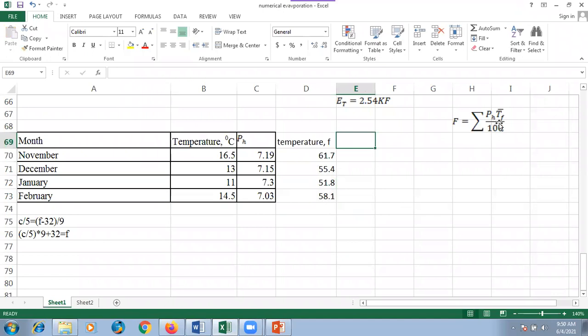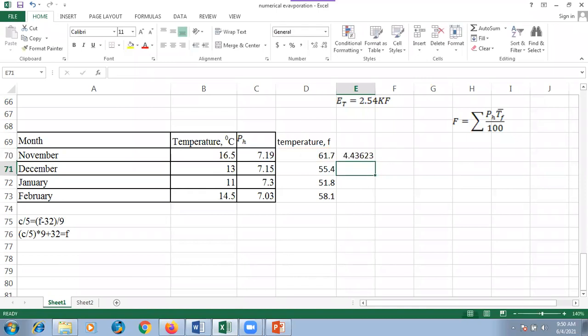Then for each month, calculate pH into TF divided by 100, and add all of that to get the sum. That means for the first one, pH is nothing but the daytime sunshine hours, 7.19, times the Fahrenheit temperature divided by 100.